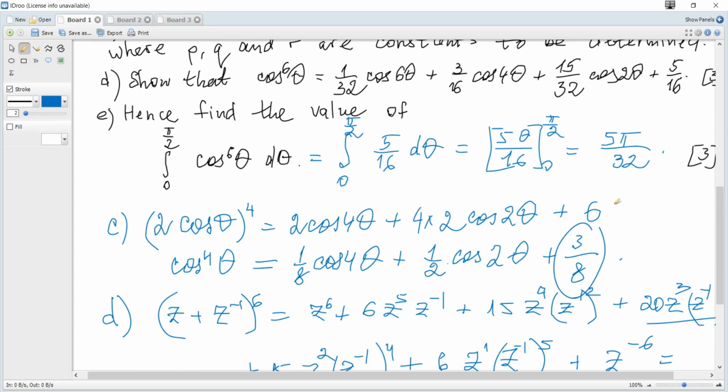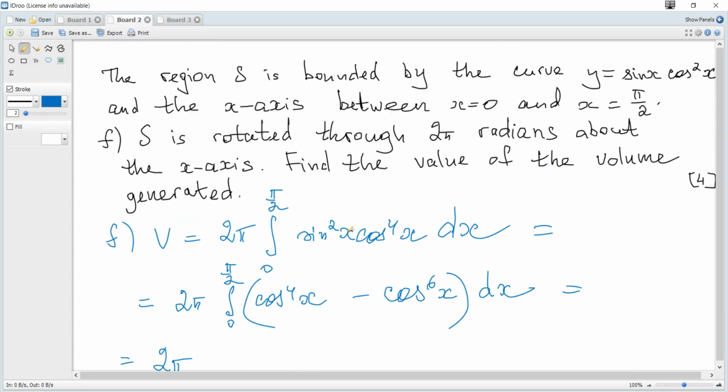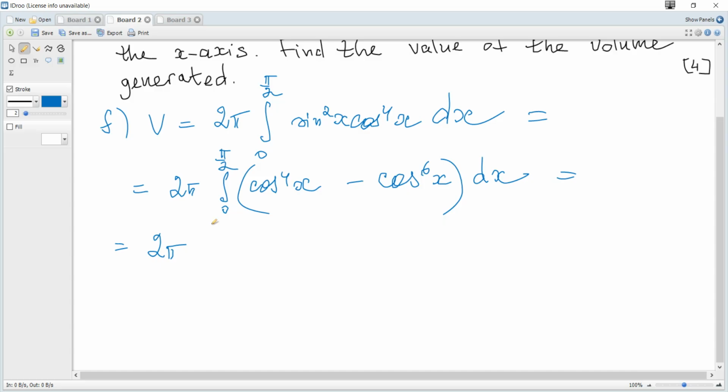This. So the constant term is 3 over 8. Hence it becomes 3 over 8 x and with the limit, just multiplied by pi over 2, or 3 pi over 16, minus the previous result.